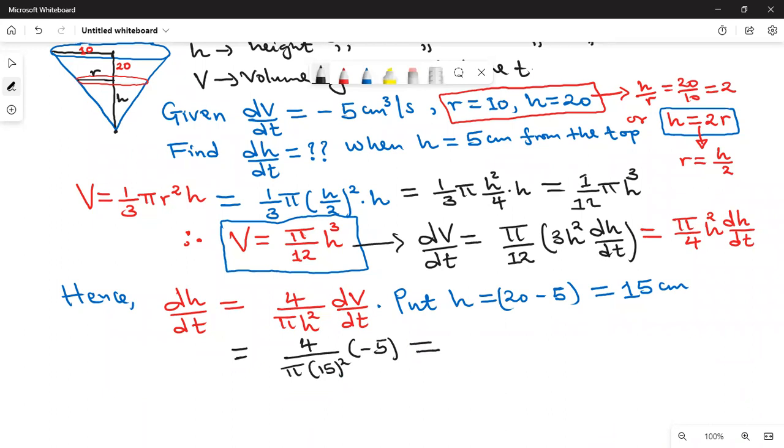You can press this in your calculator. Leave your answer in terms of pi. So that means in the numerator, I'll be having -20 over 15 squared, which is the same as, let me write here, -20 over 225 pi, of which if I divide by 5, both numerator and denominator, I'll get -4 over 45 pi.